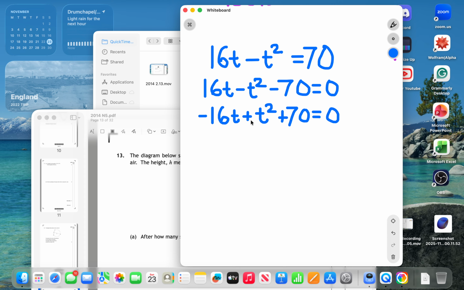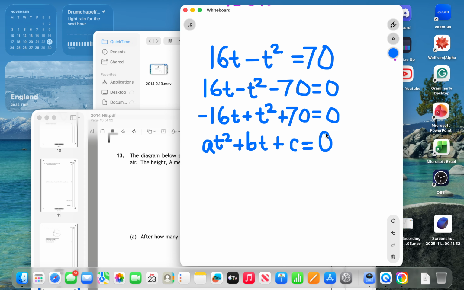But you want to write the equation in the form at squared plus bt plus c equals 0. You need it in this form in order to compare the a, b and c, in order to get b squared take away 4ac, the discriminant.